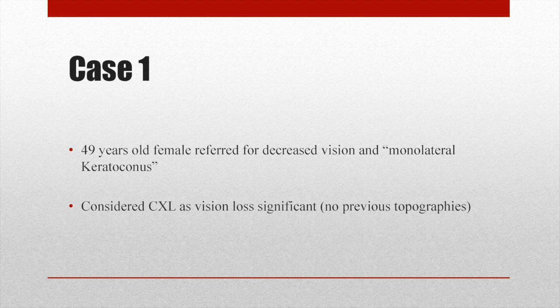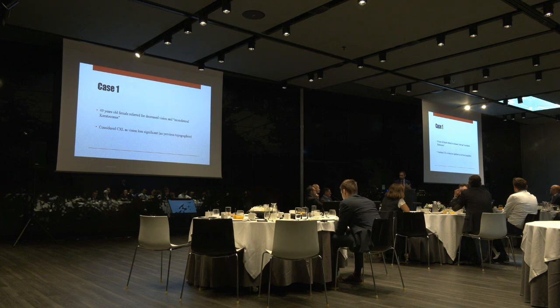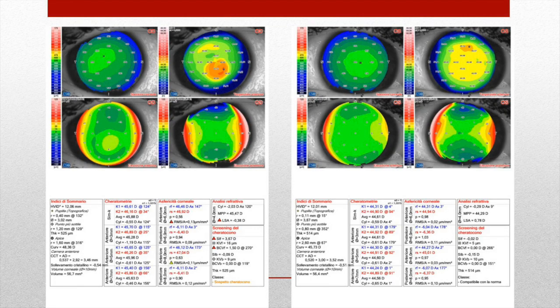It's a patient that was referred to me as a unilateral keratoconus with a gradual but quick reduction in vision over 6 months, 49 years old, which already sounds strange, and it was already considered for cross-link. I'm going to show you a 4 maps tomography with the MS-39 without the epithelial map.